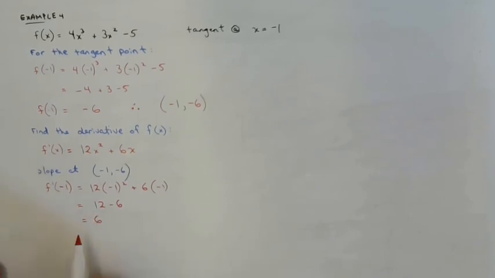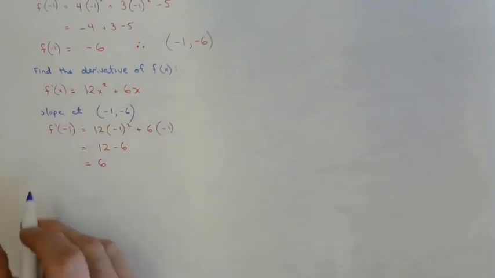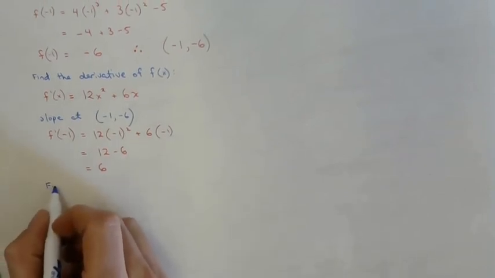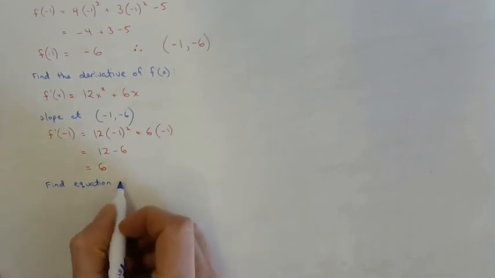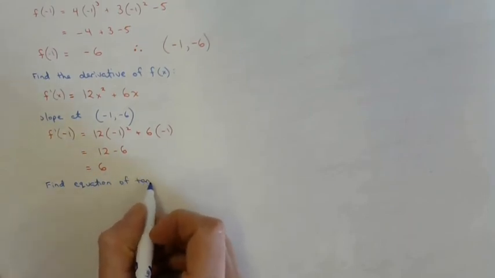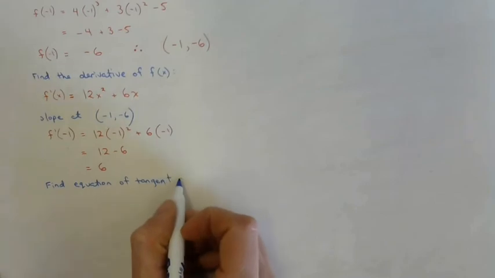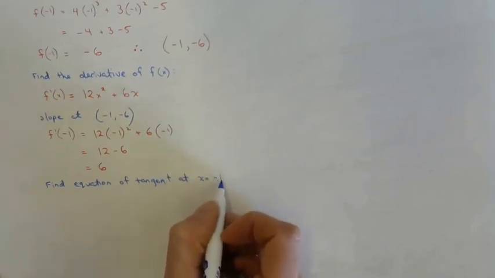So that's the slope at the point. Now we have a point, and we have the slope. Find the equation of tangent at x equals -1.